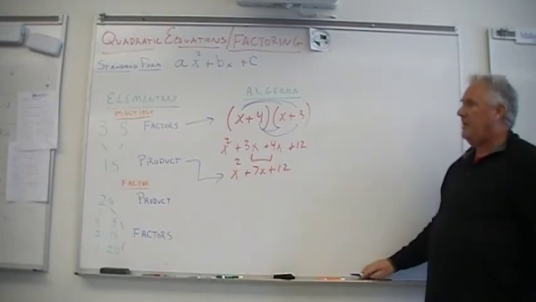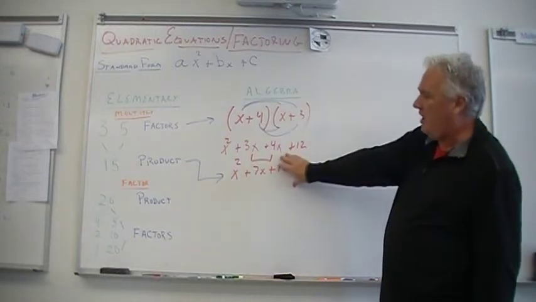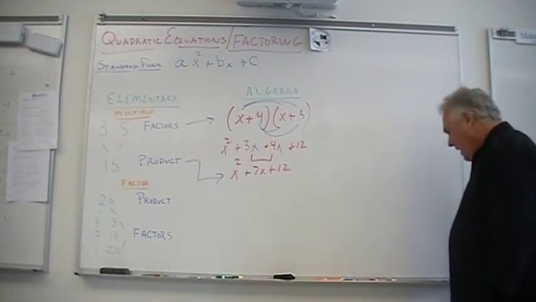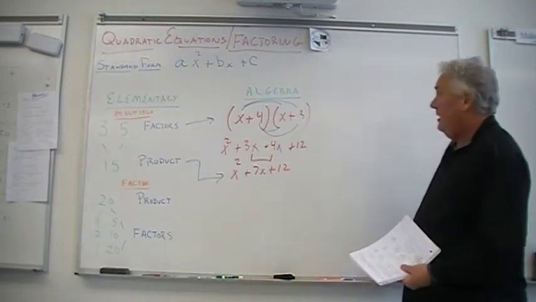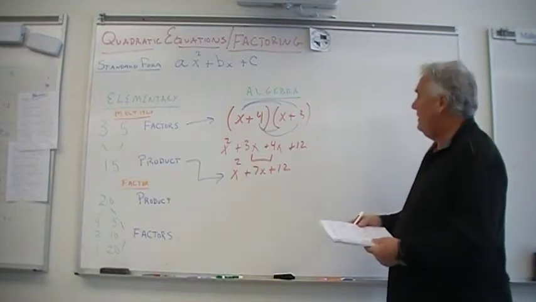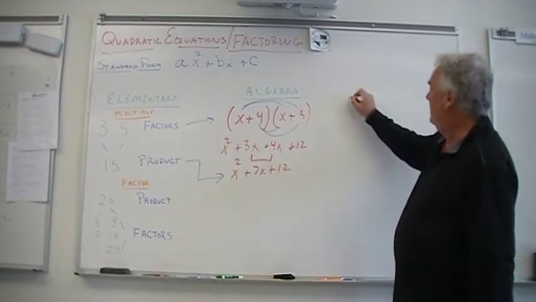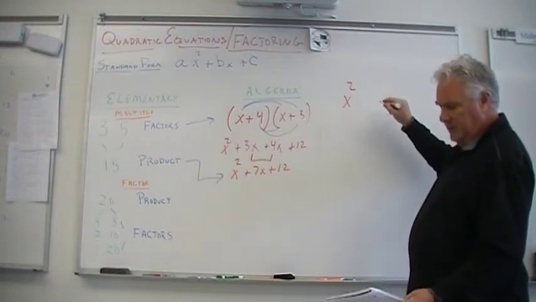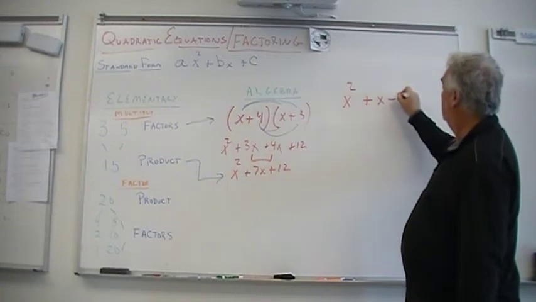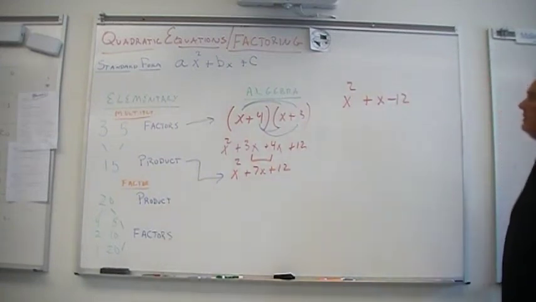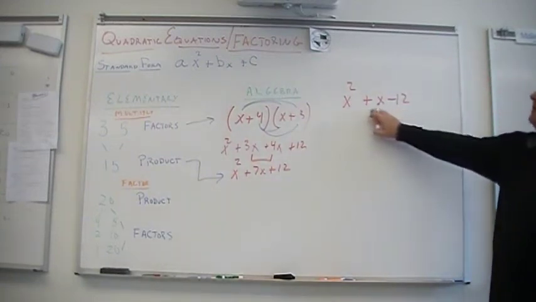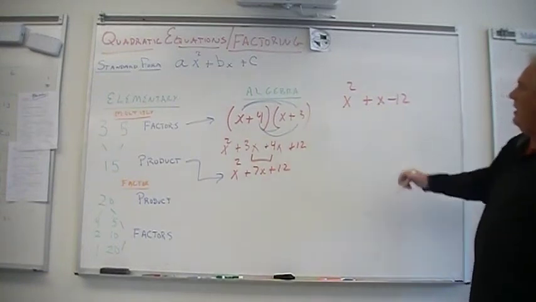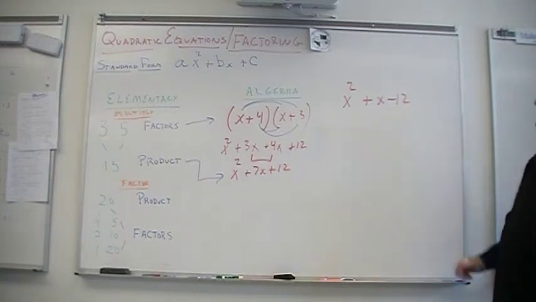The next question then becomes, okay, well, if we have a product, how can we factor it? And so the other thing that we did, and I know you did in Algebra 1, was if you take a product, and I'm going to do a different one right now. I'm going to do x squared plus x minus 12. So there's our product. It's a polynomial. We want to know what times what will give us this.